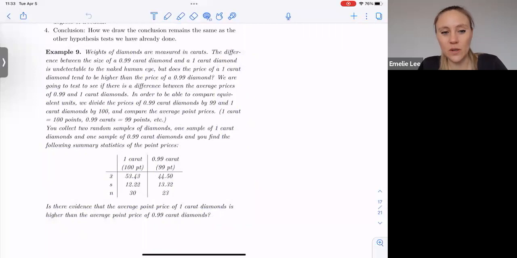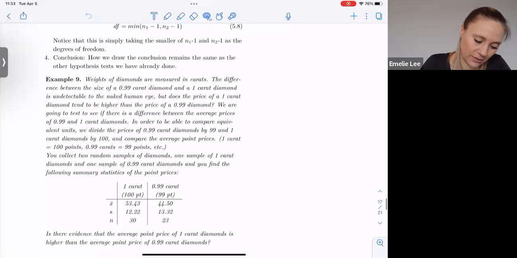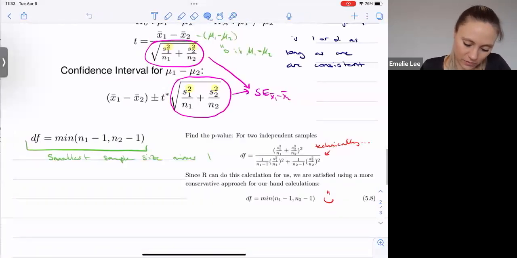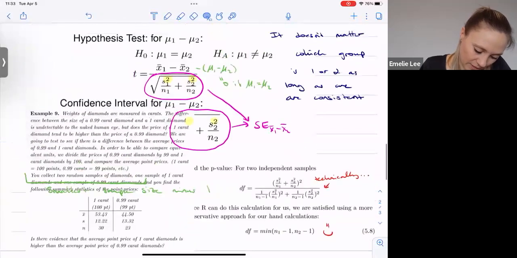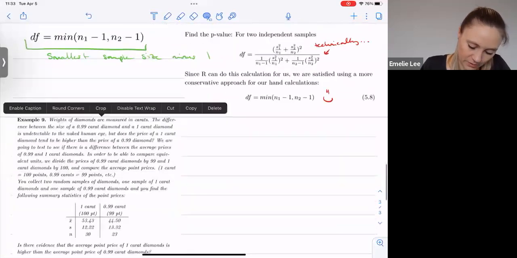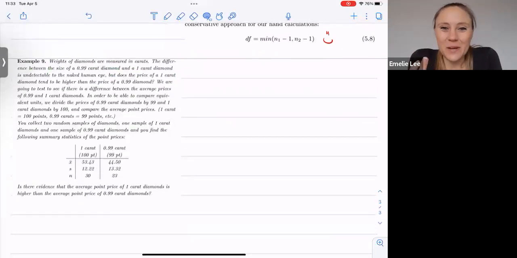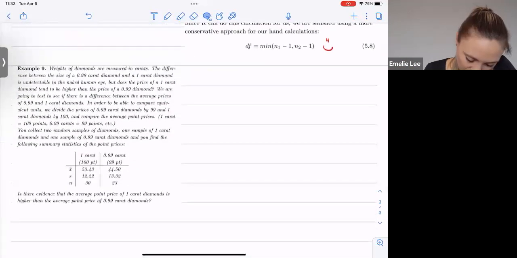But if you need to, the solutions are in here, and I talk around it in the notes. What I want to do is use this example to test the hypothesis, but also build a confidence interval. Even though it doesn't ask for a confidence interval, I'll just show you how to do it. And then you'll have it.